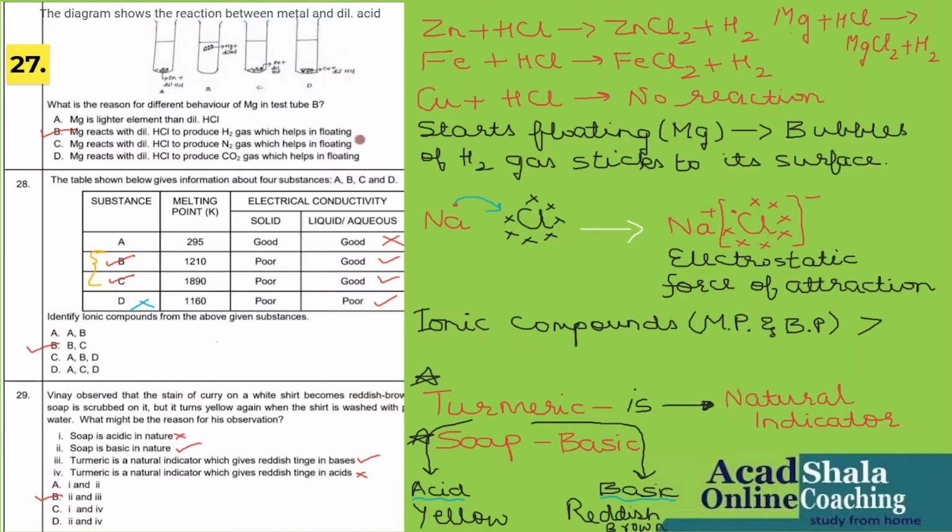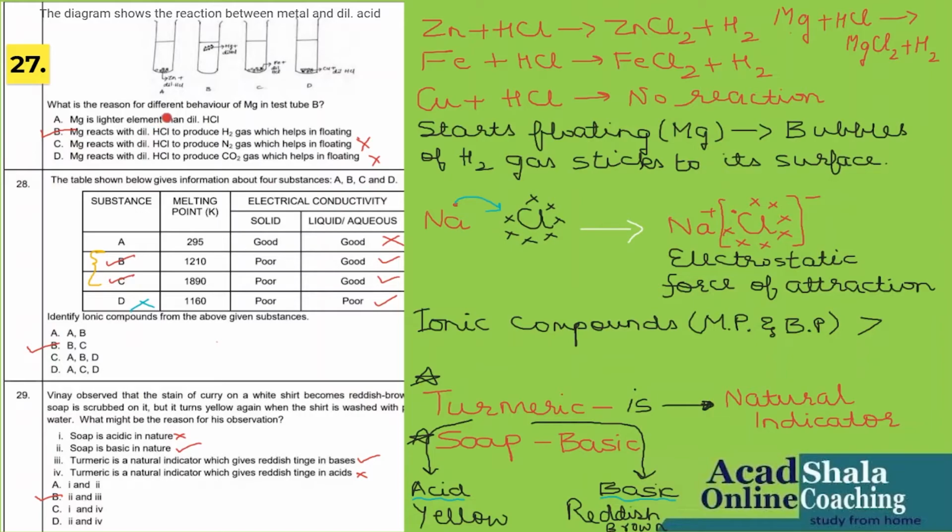No, it is not, so I will discard option C. Option D also I will discard because carbon dioxide gas is not evolved. I will only go for options A and B.